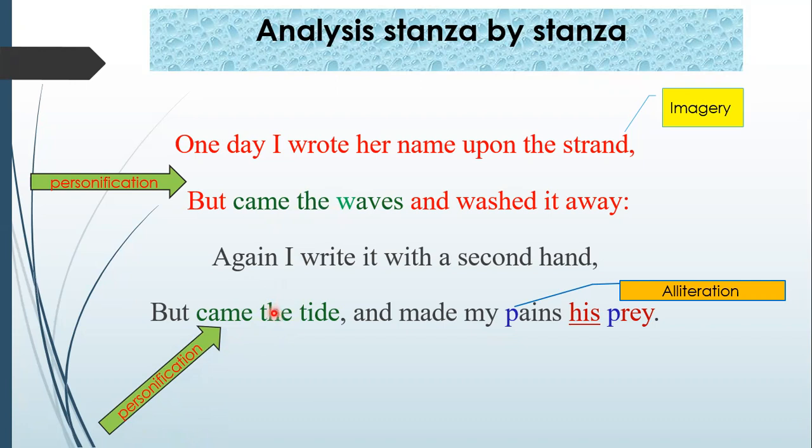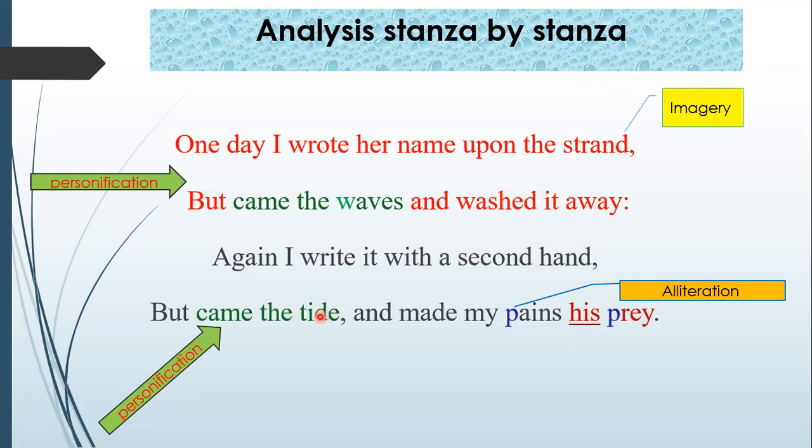And here in line number 4, we have the clear personification, because the poet is using "and made my pains his prey, his prey." So "his" is used for a person, not for a tide.